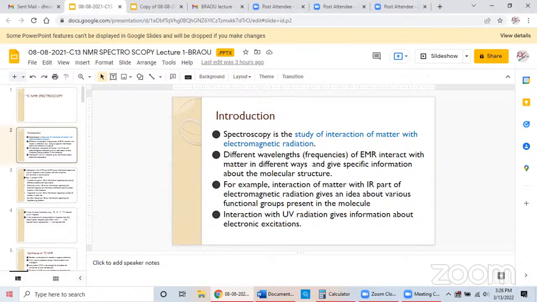Chemical shifts give information regarding the chemical and magnetic environment of different sets of protons present in the molecule. Integration curves give you the ratio of the protons in each set. And spin-spin coupling gives you information regarding the number of neighboring protons in the molecule.